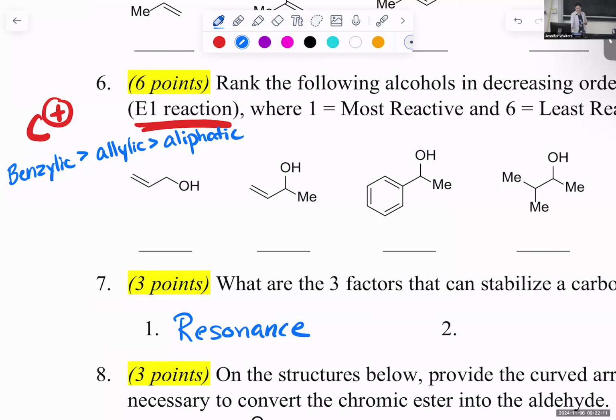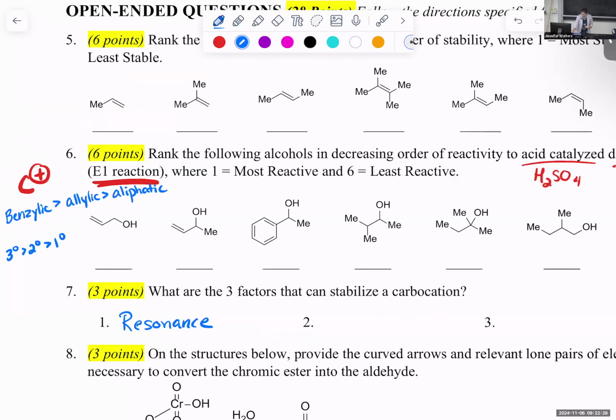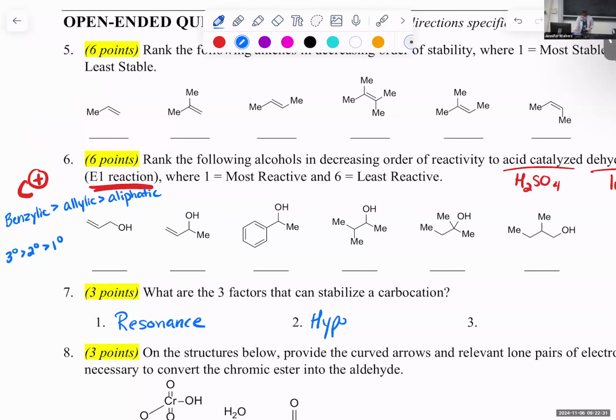So having it right outside the benzene ring is better than having it right outside the double bond, which is better than having no resonance at all. And then we use the factors that tertiary was better than secondary, which was better than primary. That was due to hyperconjugation and induction.